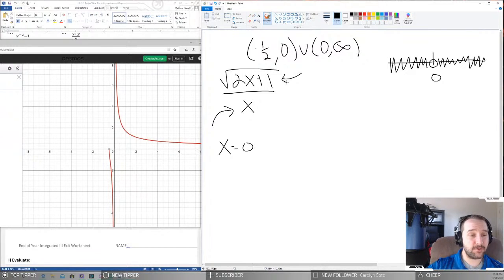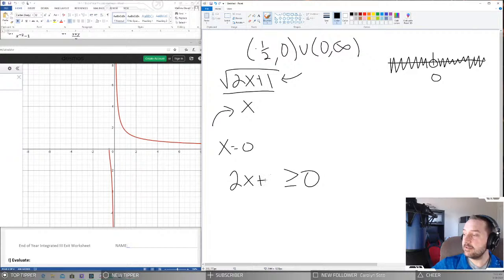So the types of numbers that are allowed in a square root are 0 and positive numbers. Mathematically, we say that as greater than or equal to 0. Numbers greater than 0 are positive, and equal to 0, well, I'm allowed to have 0. So whatever's inside that square root has to be greater than or equal to 0.